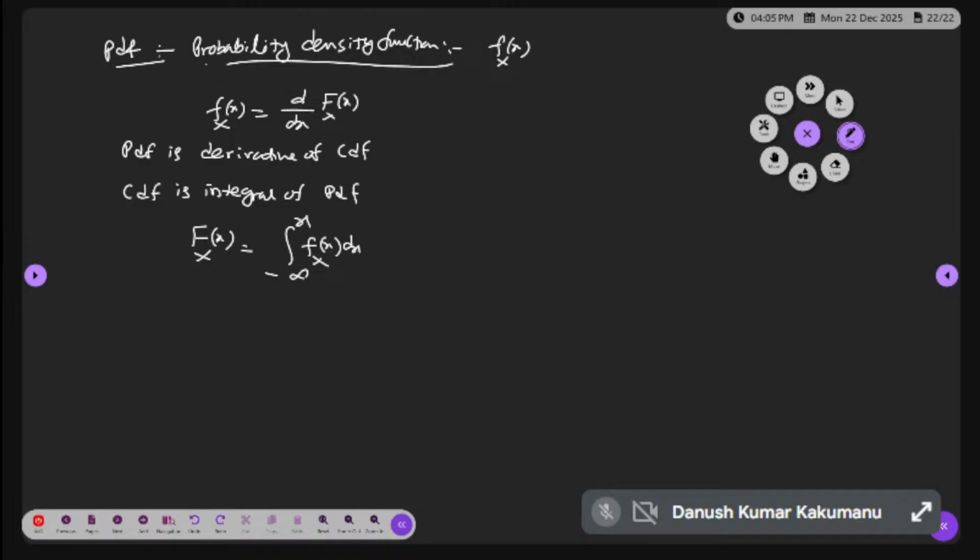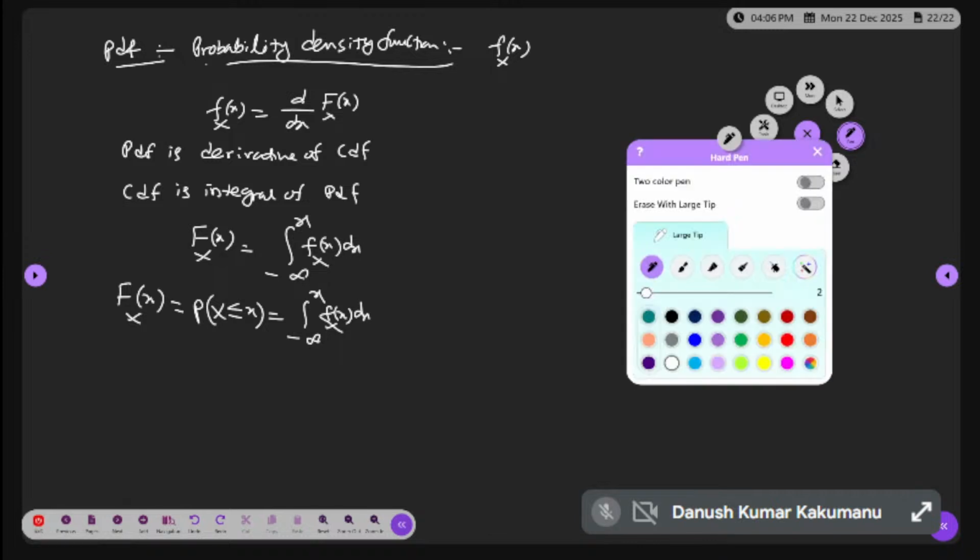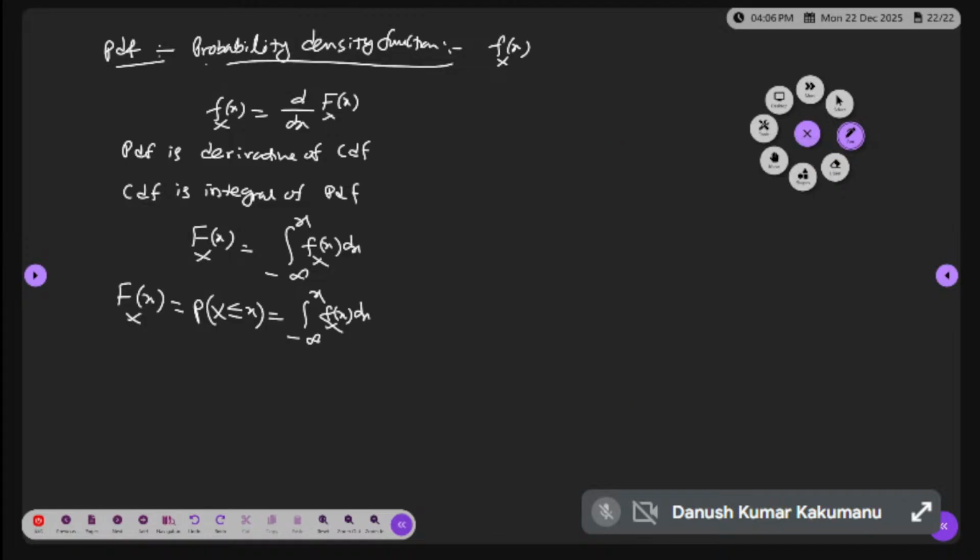The CDF is also represented with another notation: P of capital X less than or equal to small x, which equals the integral from minus infinity to x of f of x dx. One thing you remember: this x is always the upper limit.